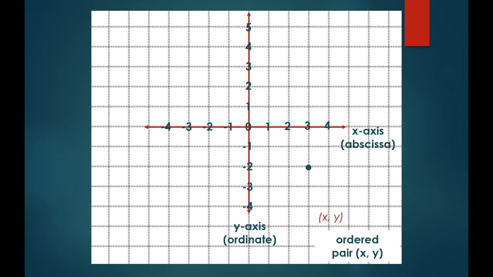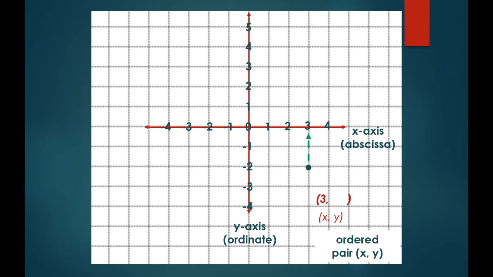Now, paano ginagamit yan? So, yung point natin, una, tingnan muna natin yung x-axis, saan siya nakatapat. Pagdating sa x-axis, ibig sabihin dun sa horizontal line natin titingnan. So, yan, nakaturo dyan na ito ay nakatapat sa positive 3. Therefore, yung x-coordinate niya is positive 3.